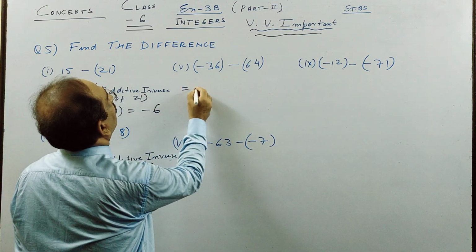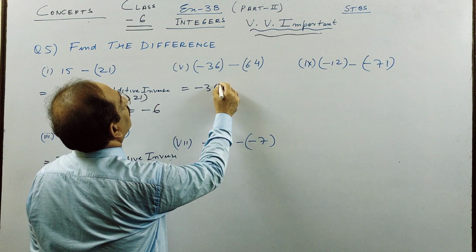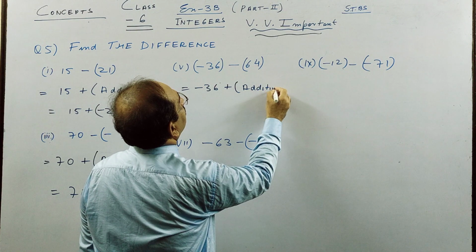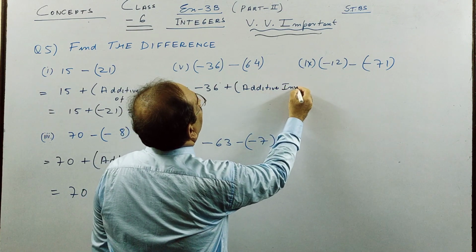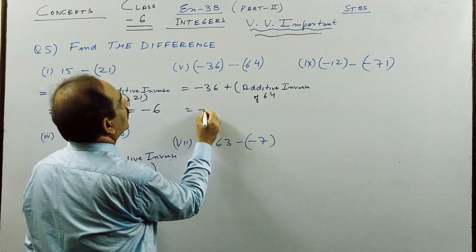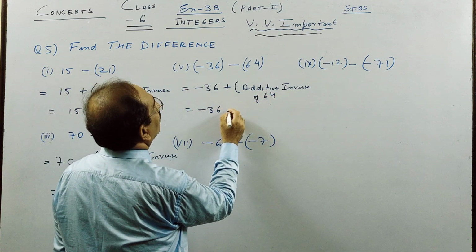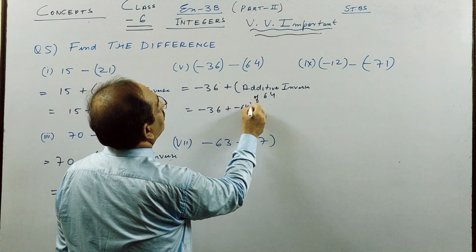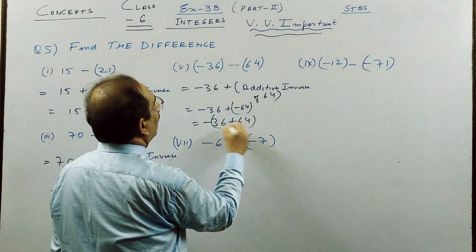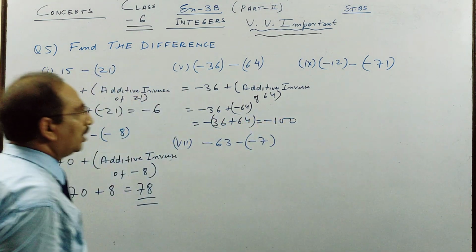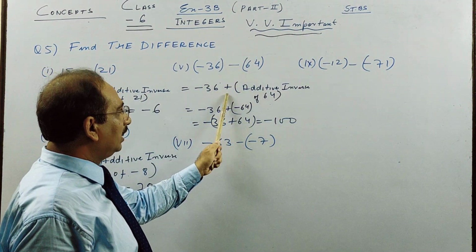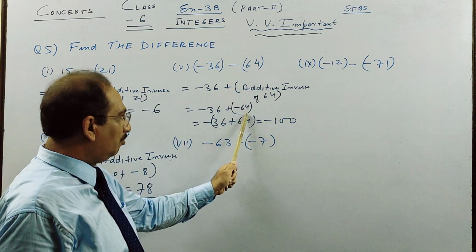So similarly here, minus 36 plus additive inverse of 64. So this is minus 36 plus minus 64. So this minus you take out common, as I told you, this is minus 100. Once more you see, minus means plus additive inverse of this, minus 64.